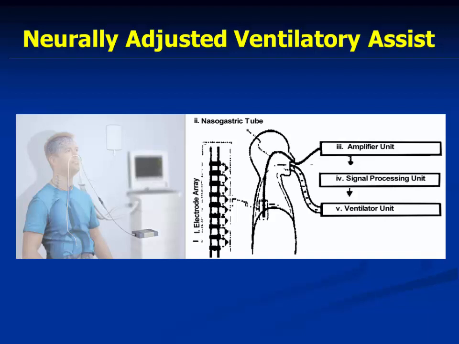So what is happening here? We put a Ryle's tube type thing which has these electrodes into the esophagus of the patient and place it at the diaphragm, and this senses the electrical potential being generated by the motor end plates at the diaphragm level. It gives the signal to the amplifying unit, the signal processing unit, and it triggers the ventilatory unit.